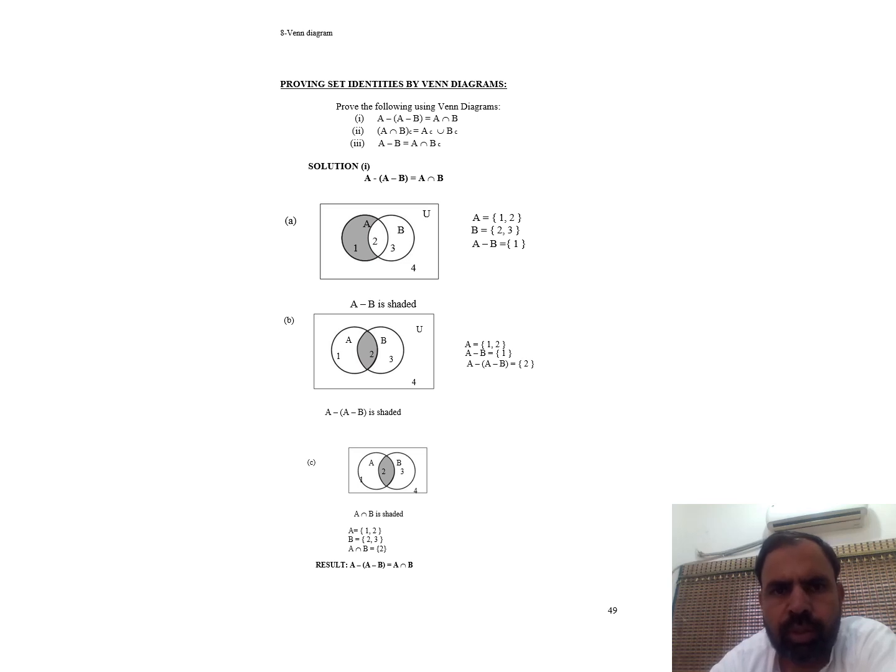So this proves this statement. In the diagram, A minus B is the shaded region.